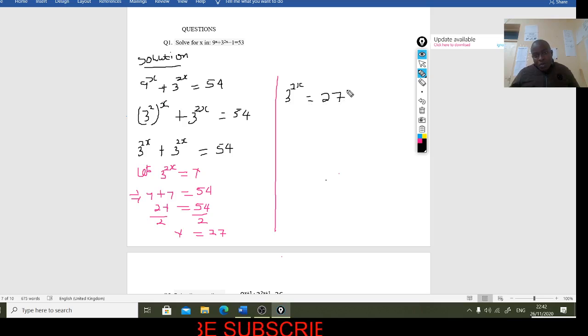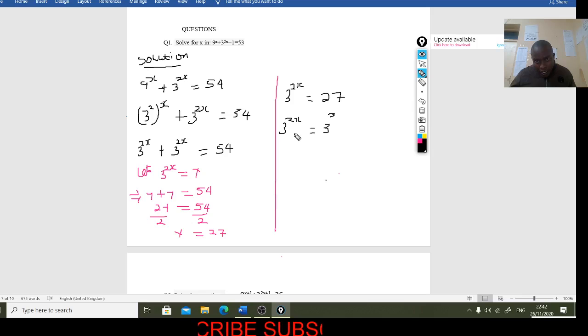That is 3 cubed gives you 27. So I can write 3 power of 2x equals to 3 cubed.